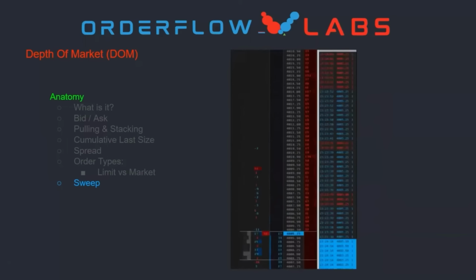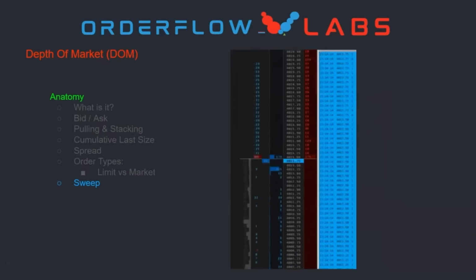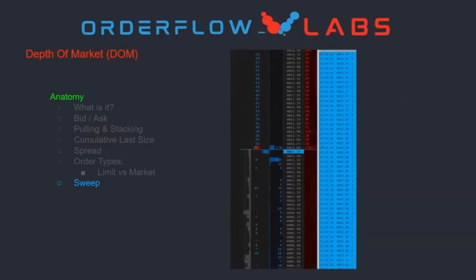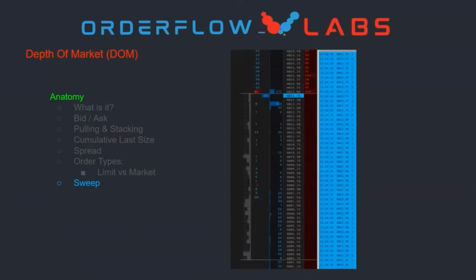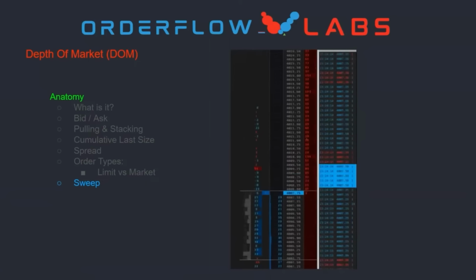And so we're going to look at that example exactly, but this is what a sweep would look like, okay? And on your tape, you'd see it highlight teal in this example, and I'll explain what that means in the next section. But a sweep is when an order comes in and there's not enough on the other side to satisfy that order. Therefore, it has to move up the book until it's satisfied.